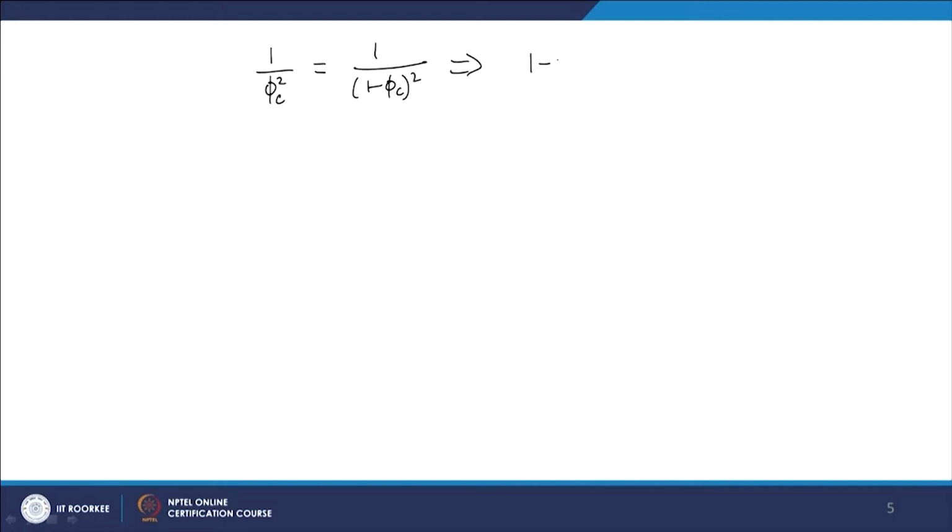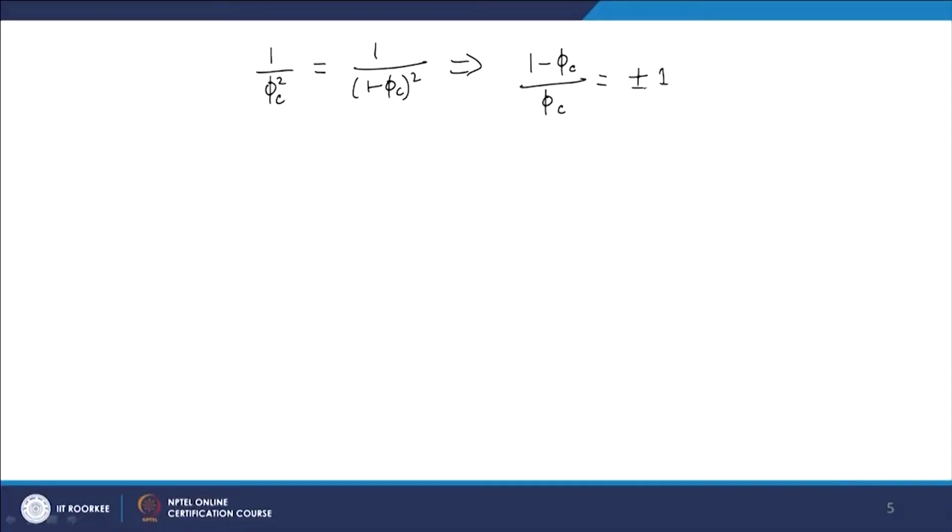This gives me 1 minus phi c by phi c as plus or minus 1. You can solve for minus 1 and find out that phi c will not be in the range of 0 to 1. So, we take a value of plus 1.